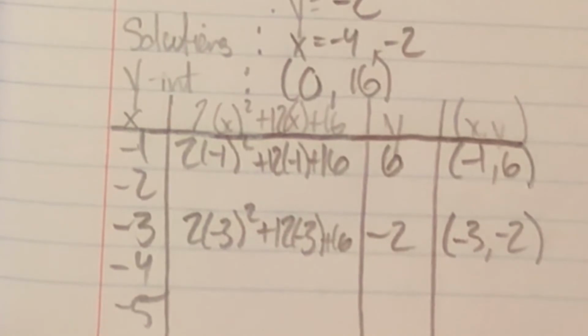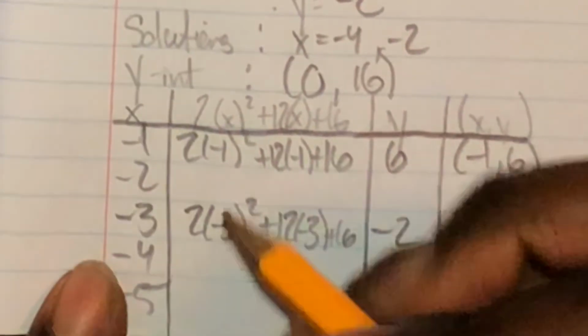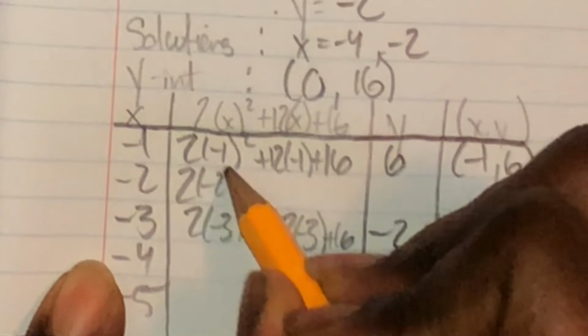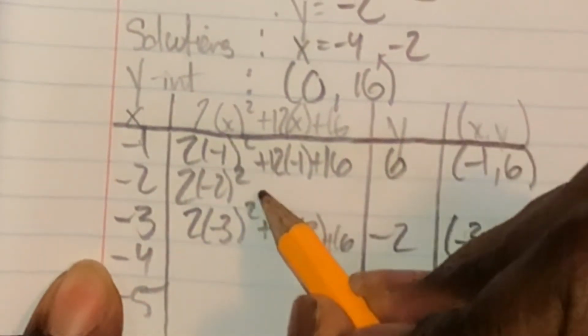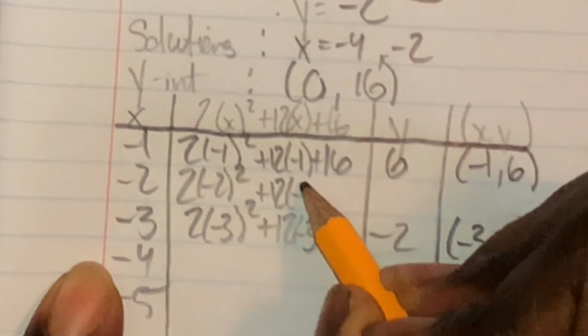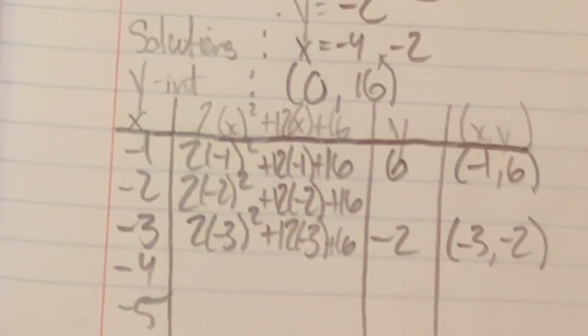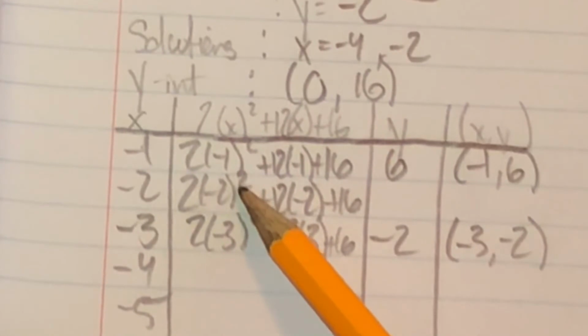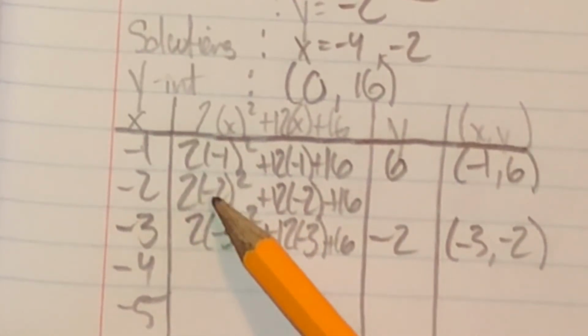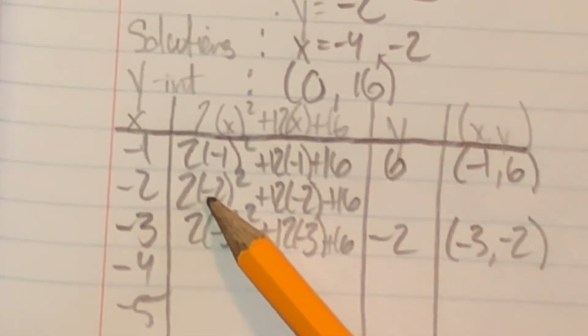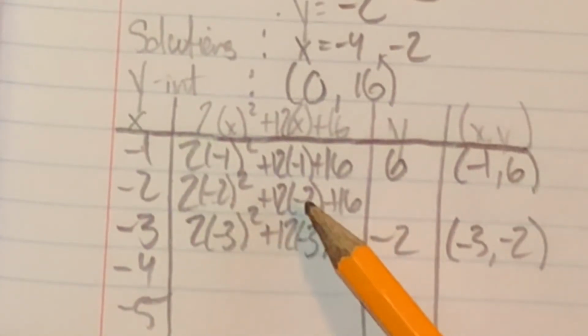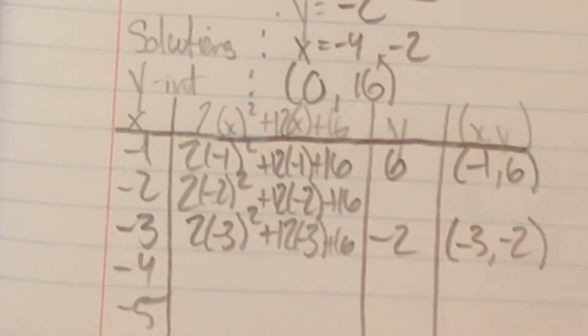Let's say I put in -2. 2 times -2 squared plus 12 times -2 plus 16. -2 squared gets me 4. 2 times 4 is 8. 12 times -2 is -24.